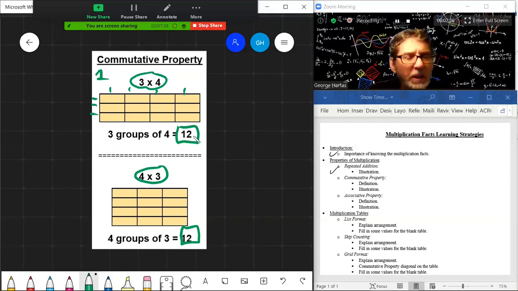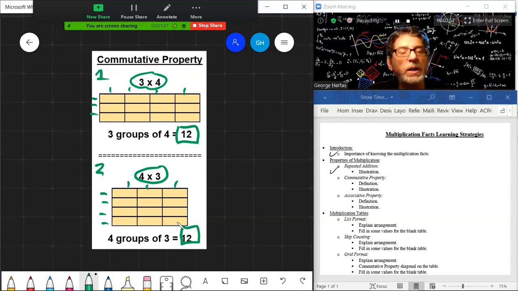Okay. So the commutative property says you can change the order here. You can swap the 3 and the 4, like we did down here in part 2. In part 2, the 4 represents the rows, 1, 2, 3, 4. The 3 represents the columns, 1, 2, 3.